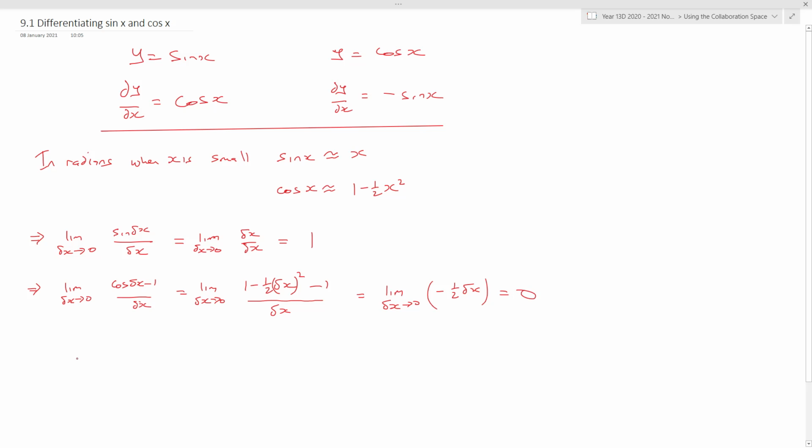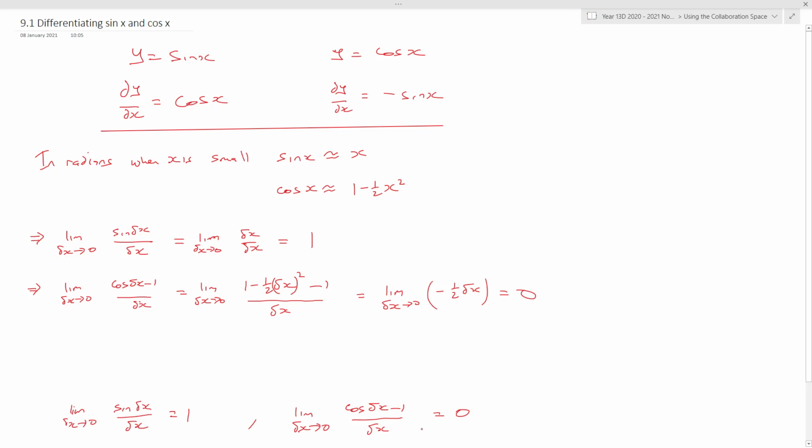So those are our two results, and we're going to use them in the proof from first principles. Okay, so we can say the first one was the limit as delta x tends to 0 of sine delta x over delta x is equal to 1, and the limit as delta x tends to 0 of cos of delta x minus 1 over delta x is equal to 0.